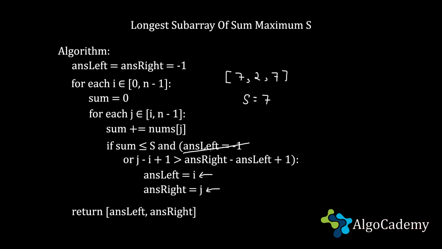So ansRight minus ansLeft plus 1 is also 1. 1 is not greater than 1, so I wouldn't update my answer. And this happens for this subarray, and also for this subarray. So when I have valid subarrays of length 1, if I don't check if ansLeft equals -1, they won't replace the initial -1 solution, and we are going to return it in the end.